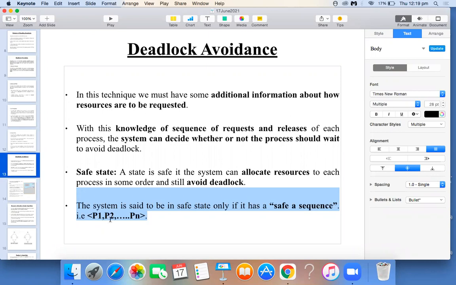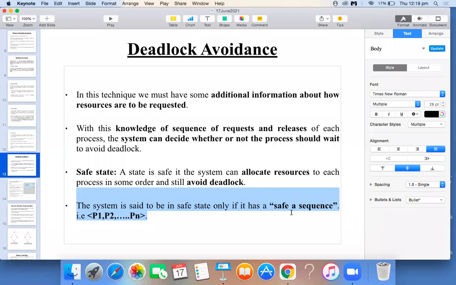Second, P2 has completed the execution, so it has released the resources. Like that, the processes are coming out of the system. Clear with this? That is what a safe sequence indicates: the order in which the processes have completed execution and released their resources.